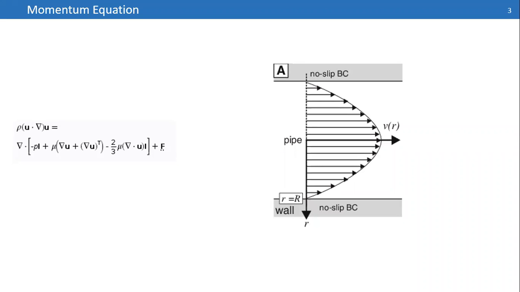You should solve the continuity equation and also the momentum equation, which includes viscous terms and inertial terms, and also an external force that can be exerted on your fluid system.